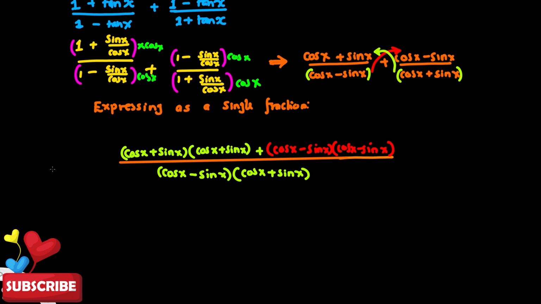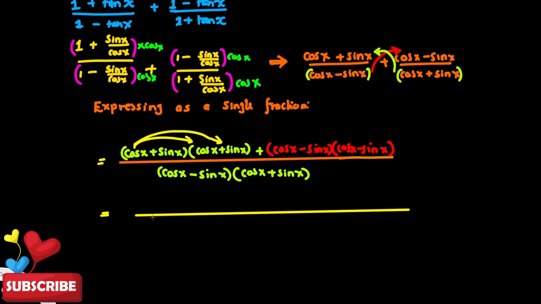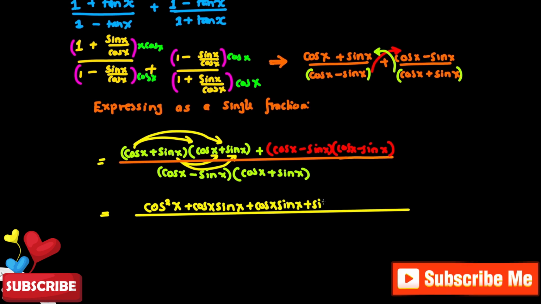We need to open the brackets. We need to open the bracket like that, and also multiply this here, which will give us cos squared x, and also the other terms will be multiplied like that. I believe you remember how to do the binomial expansion, and this becomes now cos squared x plus cos x sin x plus cos x sin x, and eventually we shall have sine squared x.